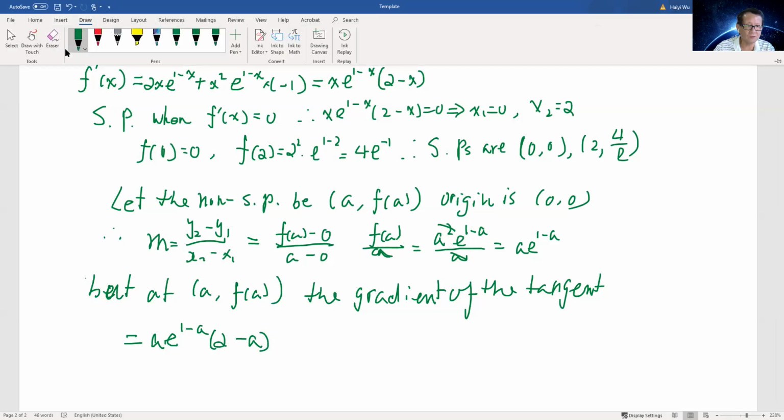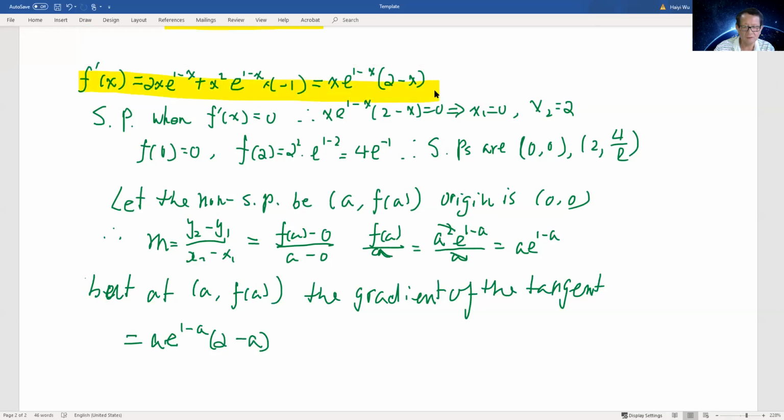If I highlight that, that's the tangent gradient formula. If I substitute x with a, that's the case. So now we've got two equations.